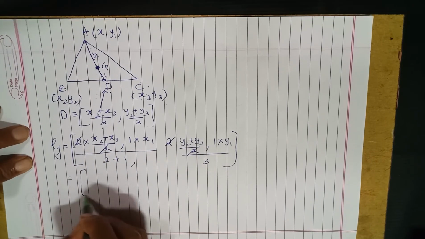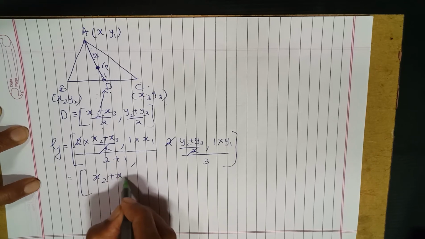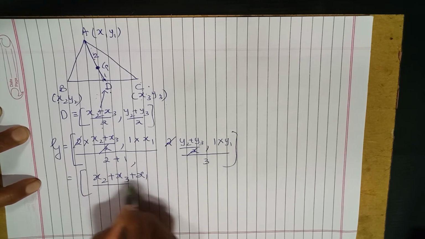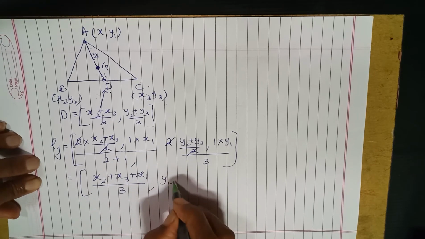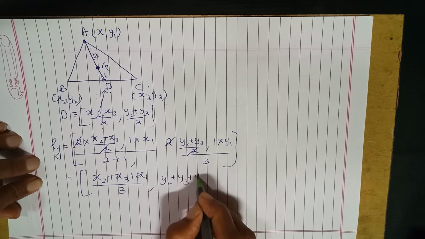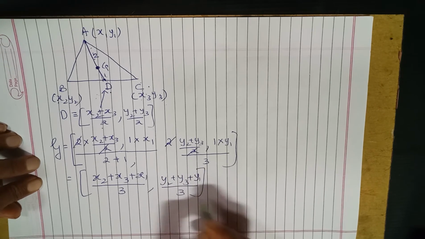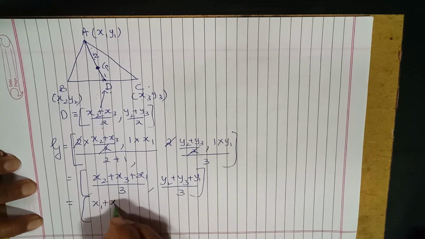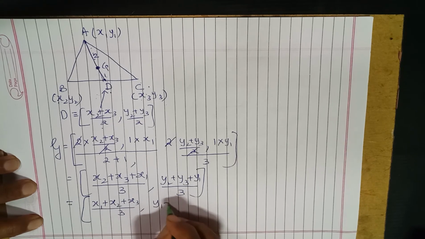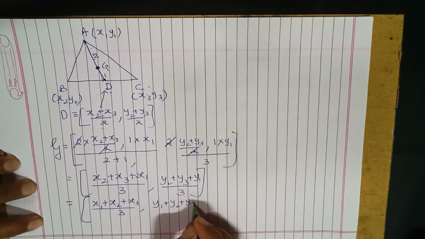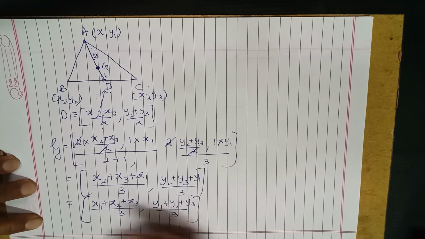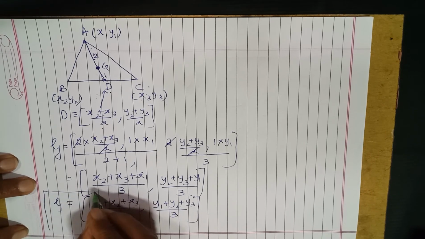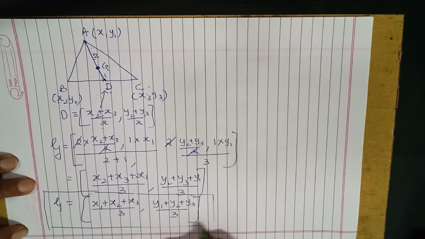So what remains is nothing but x2 plus x3 plus x1 upon 3, y2 plus y3 plus y1 upon 3. We just rearrange it so it becomes easier to remember: x1 plus x2 plus x3 upon 3, y1 plus y2 plus y3 upon 3. So this is the formula to find out the coordinates of a centroid.